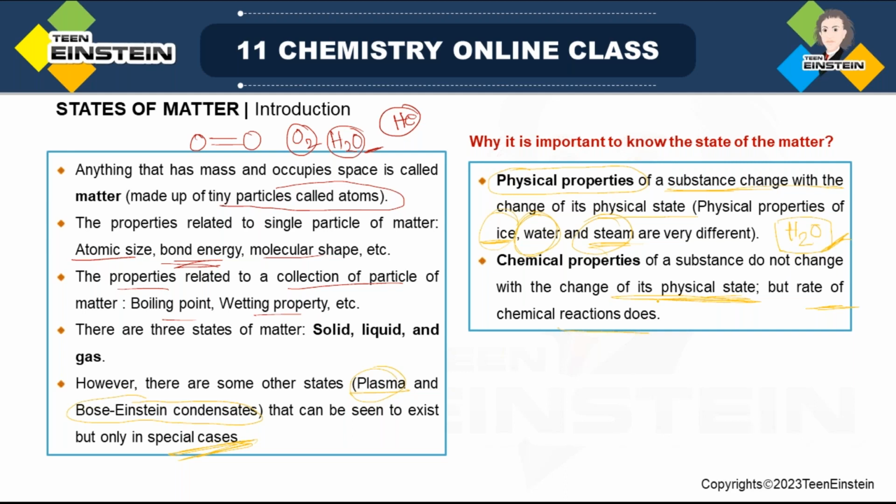It is the same compound. Suppose you are doing a reaction in solid form, or you are doing another reaction where the same compound is in a different form, suppose liquid form. So the rate of the chemical reaction will be affected by the states of matter. So these are the reasons that we should learn about the state of matter, and how we can change from one state to another, all these things.